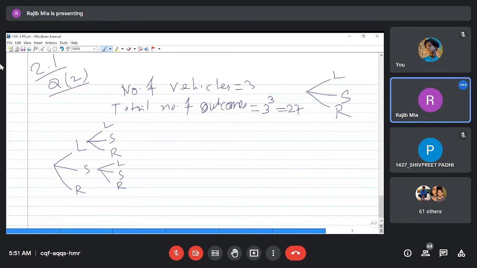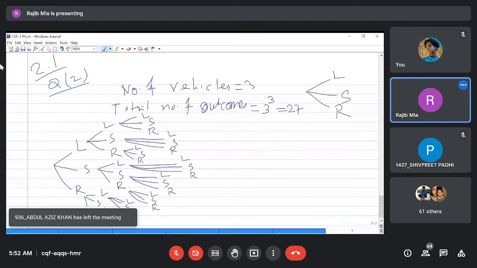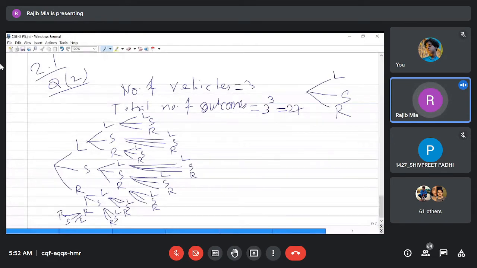For the third vehicle also there are three possibilities: left, straight, or right. Okay, so this is the tree diagram for this experiment.